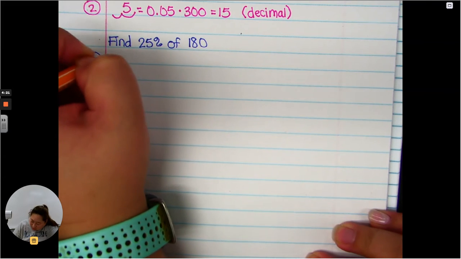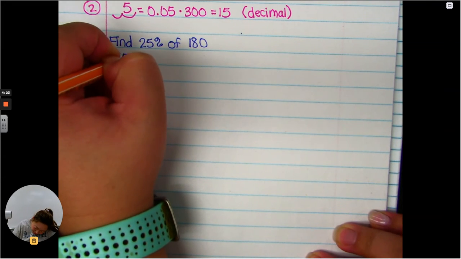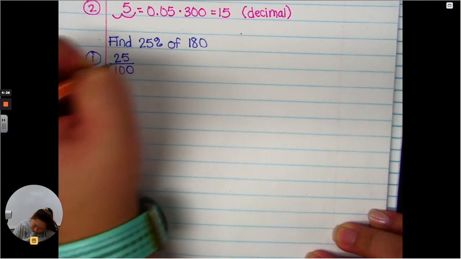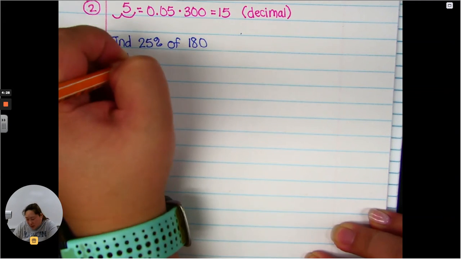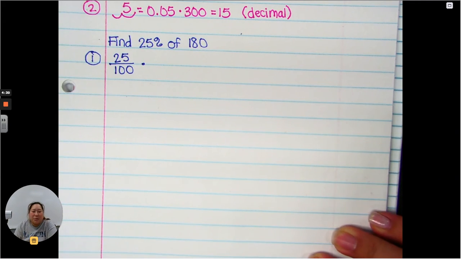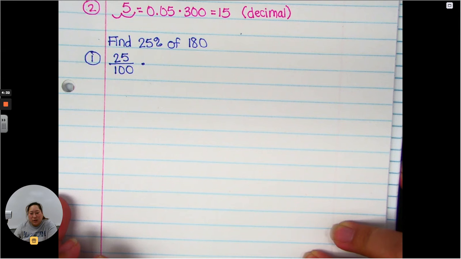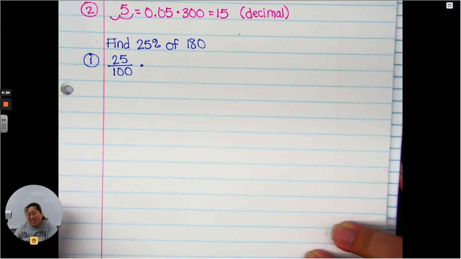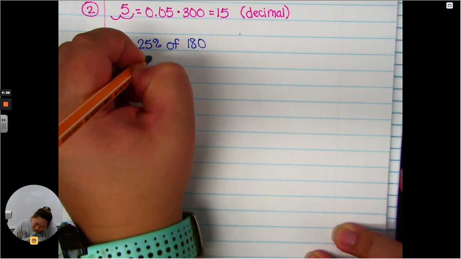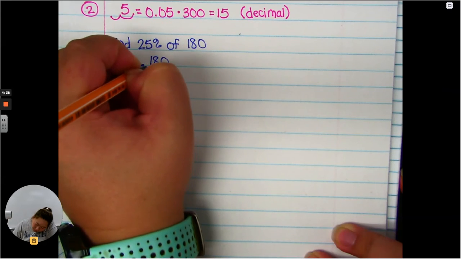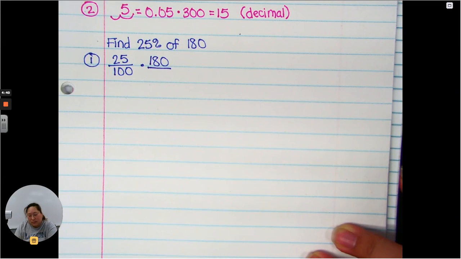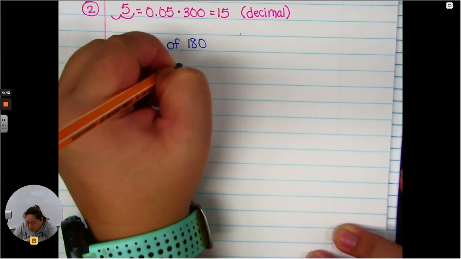So as a fraction, 25% is 25 over 100. That "of" does not change. It is still that multiplication. And remember, we are at that point where we are using a dot to represent multiplication, not an X, please. And then 180, but it's really over what? Yep, it's over 1.